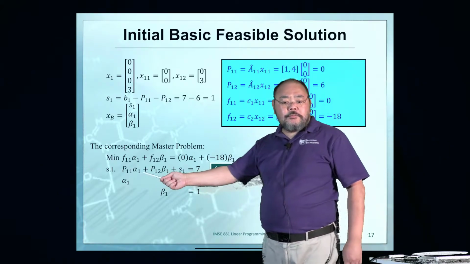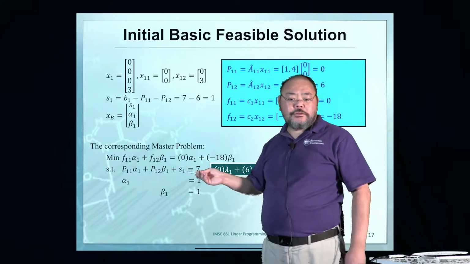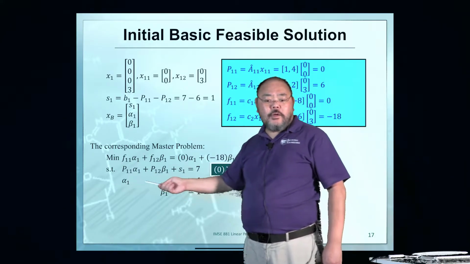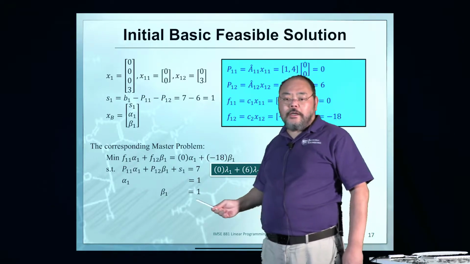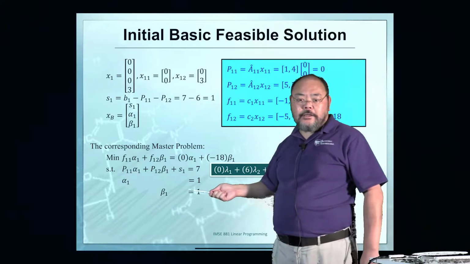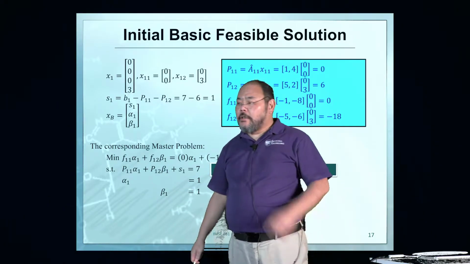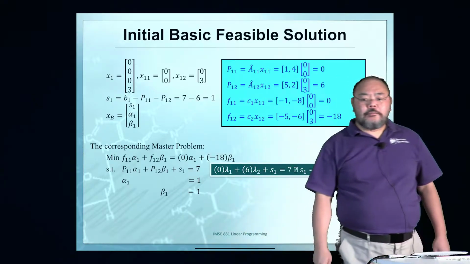Of course, this is my global constraint after conversion, and alpha 1 and beta 1 initially have to be 1. Why? Because there's no alpha 2 and no beta 2, only one single extreme point to start the basis.